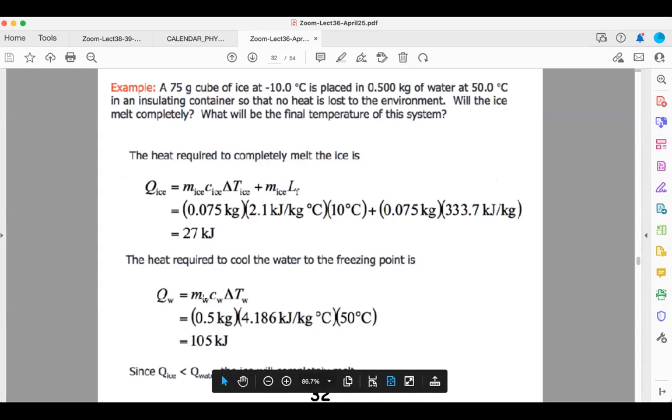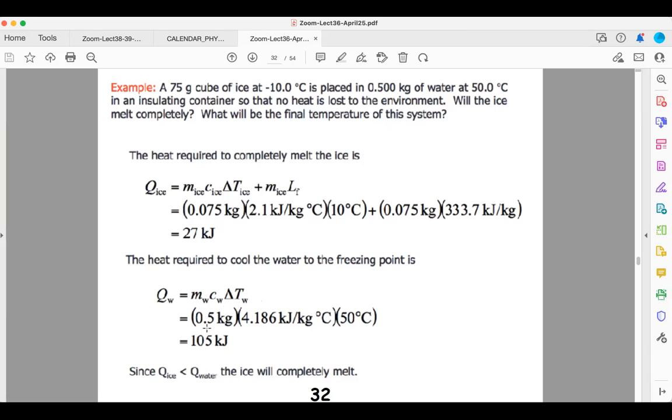So the heat required to cool the water to the freezing point, which one is this? Q of the water is the mass of the water, C of the water, delta T. Because if the ice will not melt completely, then it is the water that will become ice. So it will be the water which will decrease to the freezing temperature.